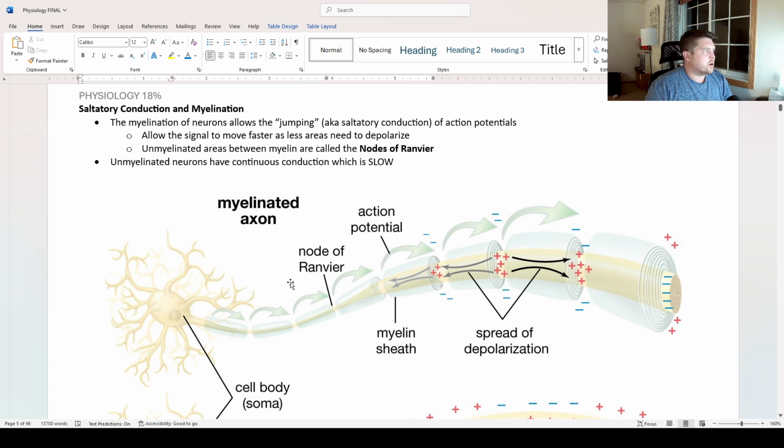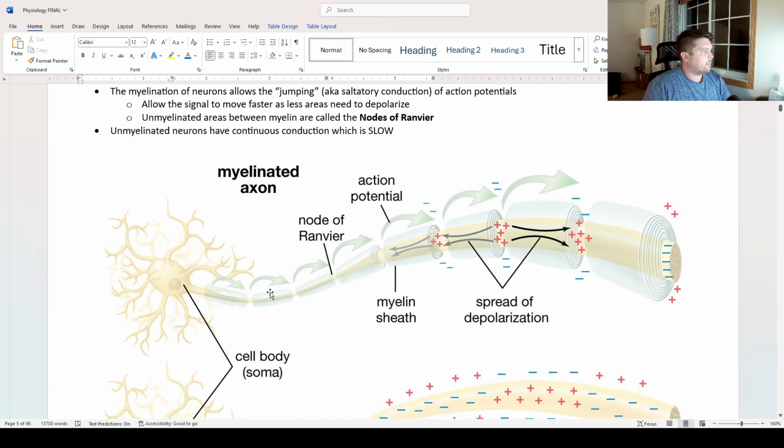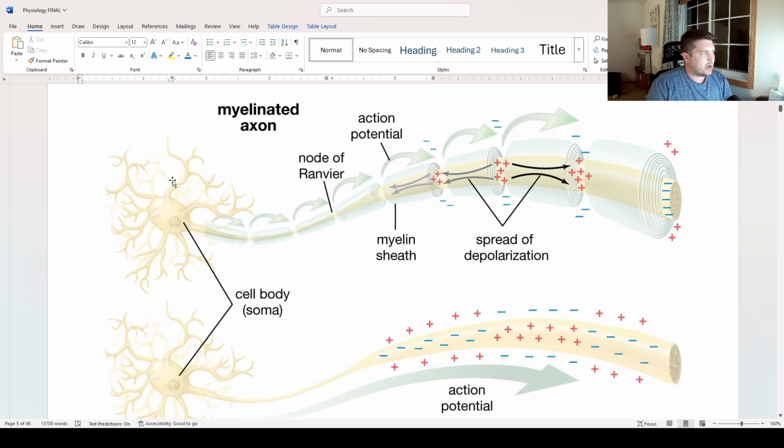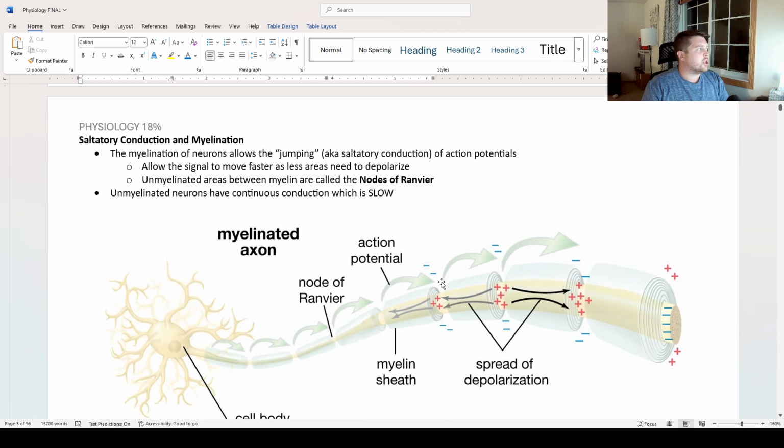Talking about the neuron itself, we have the dendrites, and we have the cell body called the soma, and the part that actually travels to carry the signal is called the axon. Around the axon, we have these myelin sheaths. Myelin allows for something that's called saltatory conduction. Saltatory, in Latin, salta refers to jump.